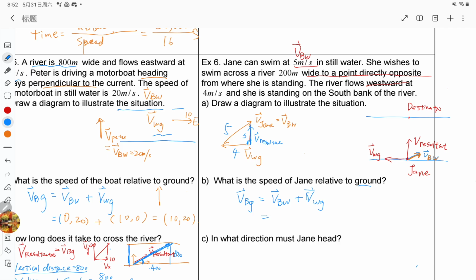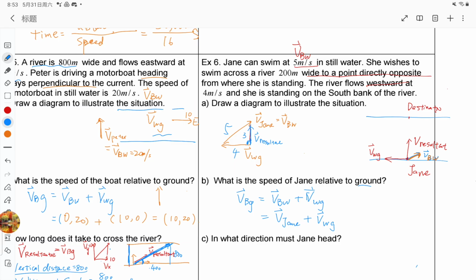And our VBW, Jen in water, V Jen is 5, right? Plus our V water, V water G. But what we're summing up here are the velocity vectors, right?